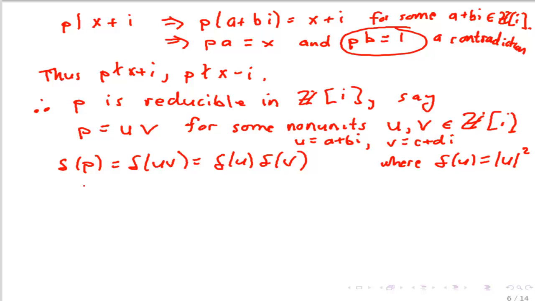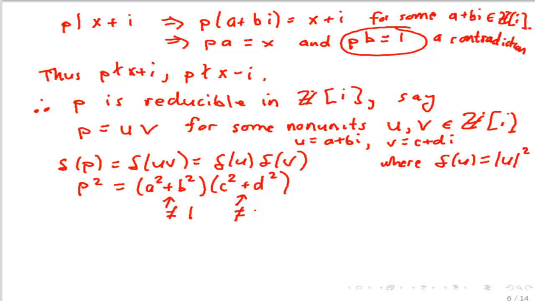On the left-hand side you have p squared. On the right-hand side, delta of u is a squared plus b squared, and delta of v is c squared plus d squared. And u and v are not units, so this number does not equal 1, and this number does not equal 1.